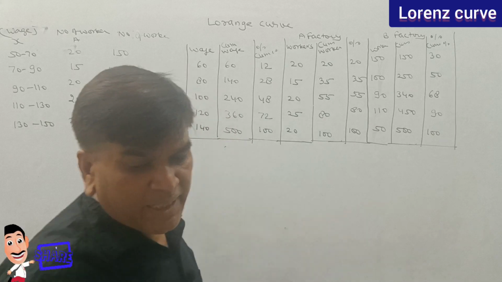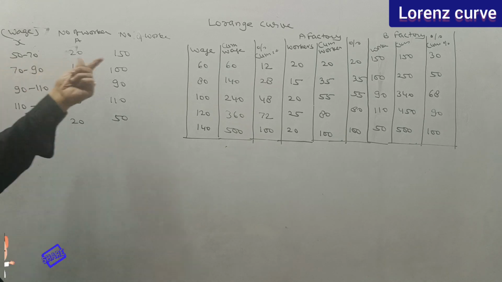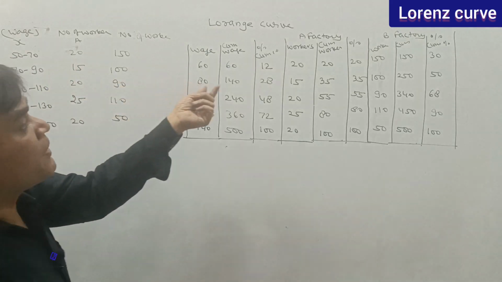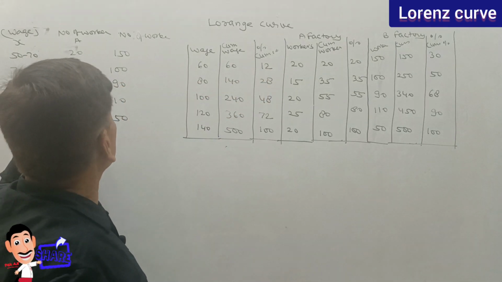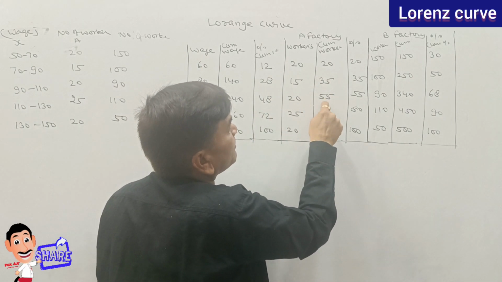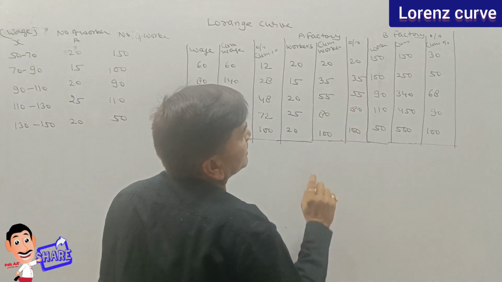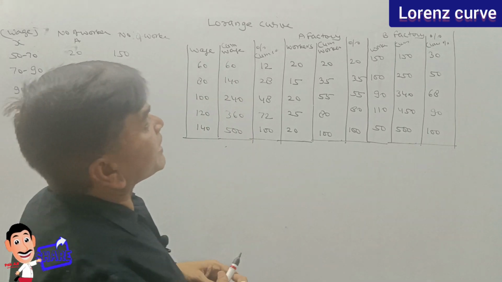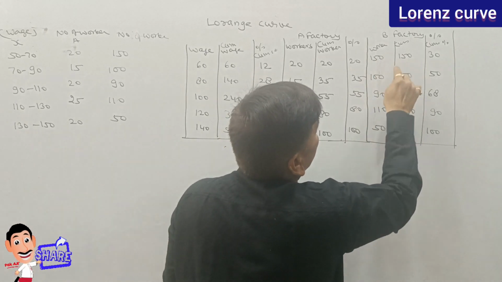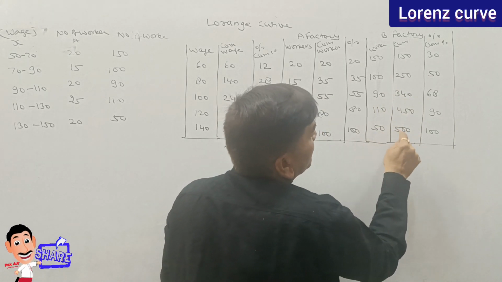So first we calculate all of this. For the wage, we calculate the mid value, then the cumulative wage and the percentage cumulative wage. Then A factory workers are 20, 15, 20, 25, 20. Cumulative workers: 20 plus 15, 35, 35 plus 20, 55, 55 plus 25, that is 80, 80 plus 20, 100. The percentage is also the same because the total is 100. Now B factory workers: 150, 100, 90, 110, 50. 150 plus 100, 250, plus 90, 340, plus 110, 450, plus 50, 500.